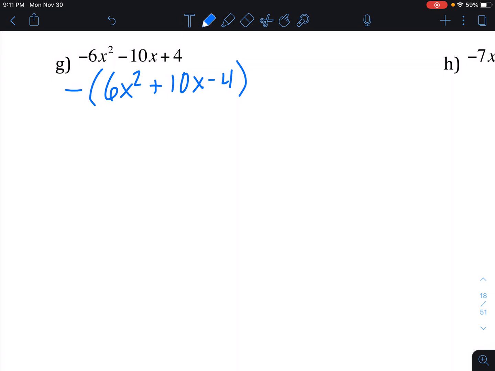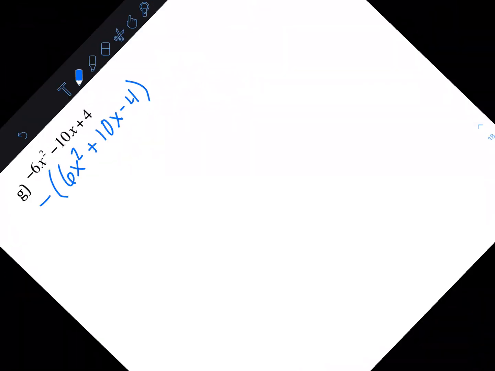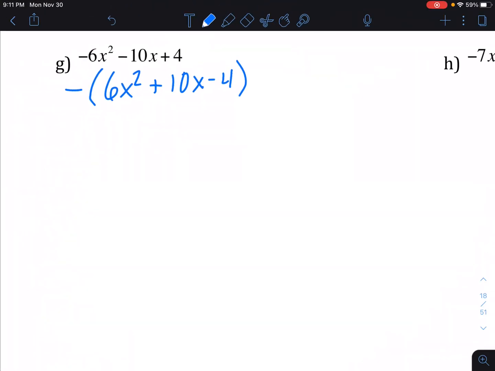Now we can go ahead and do our A times C method. So 6 times -4 is -24. Notice my new C term is negative, so my sign rules are plus minus.